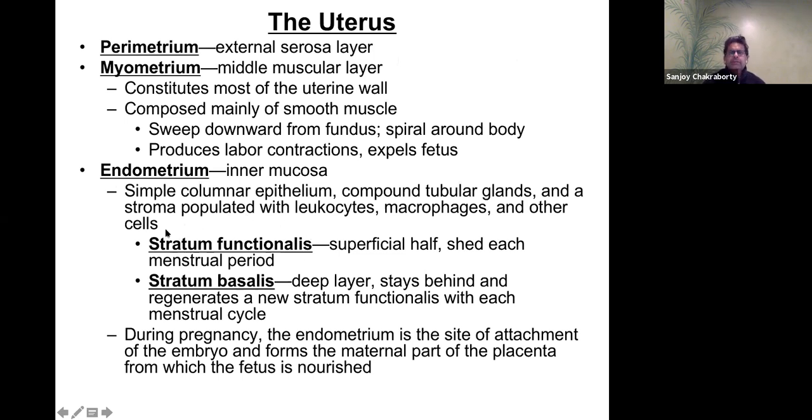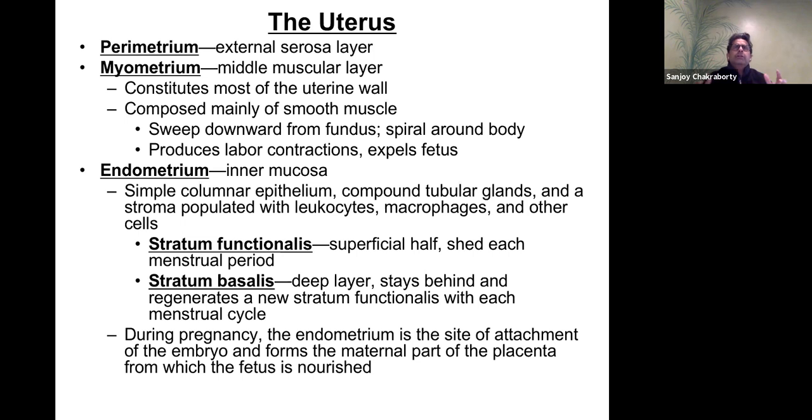Stratum functionalis is the layer that gets sloughed off during menstruation. Stratum basalis is a deep layer behind it, and it stays there. It can help regenerate the stratum functionalis layer.